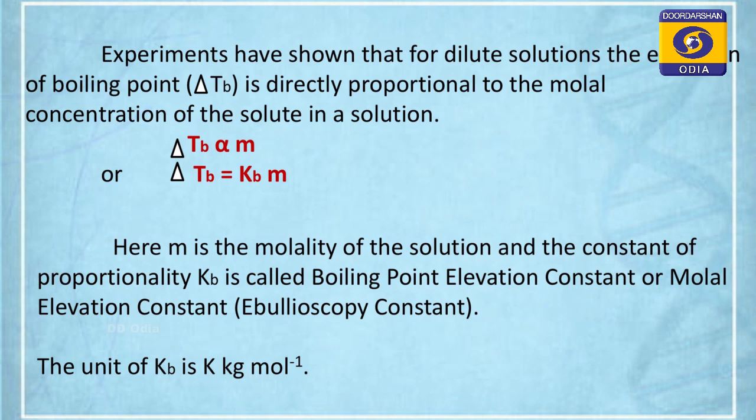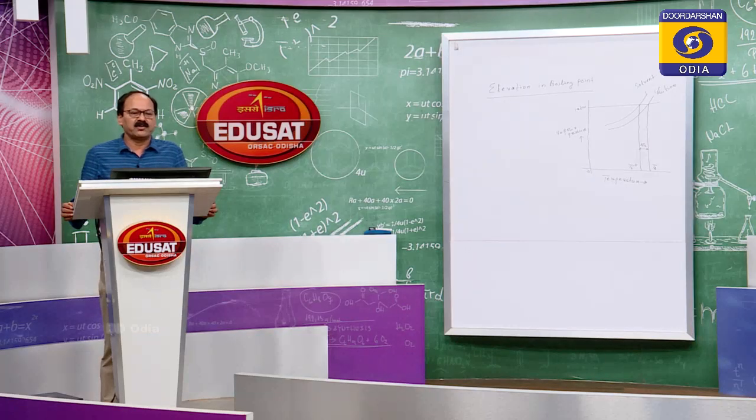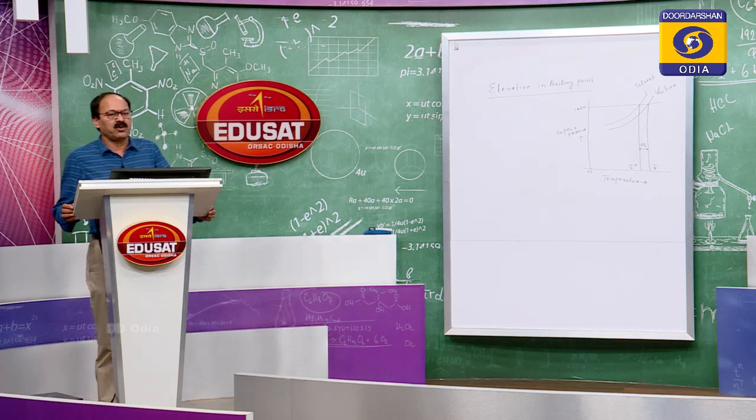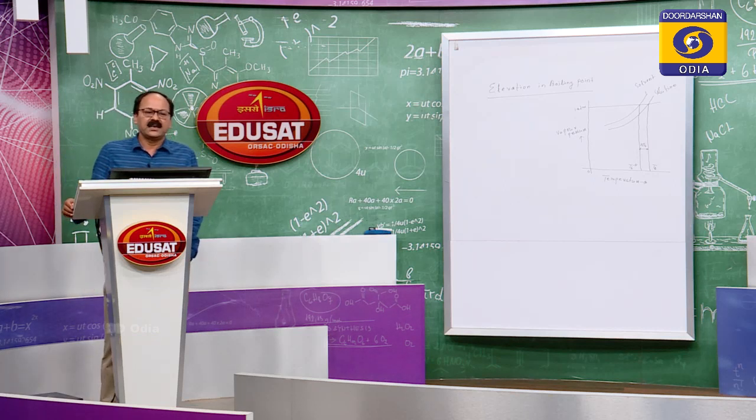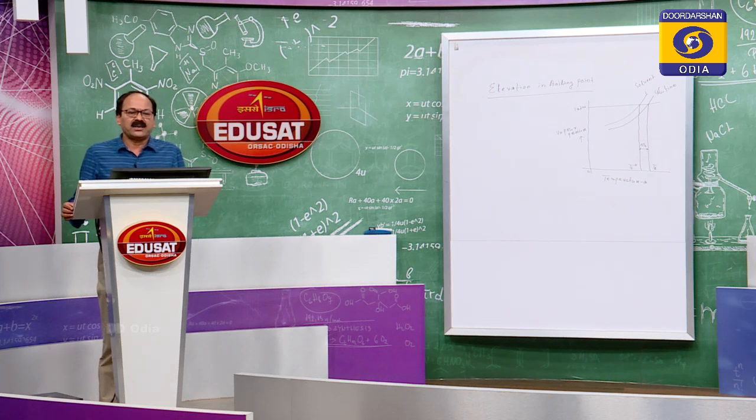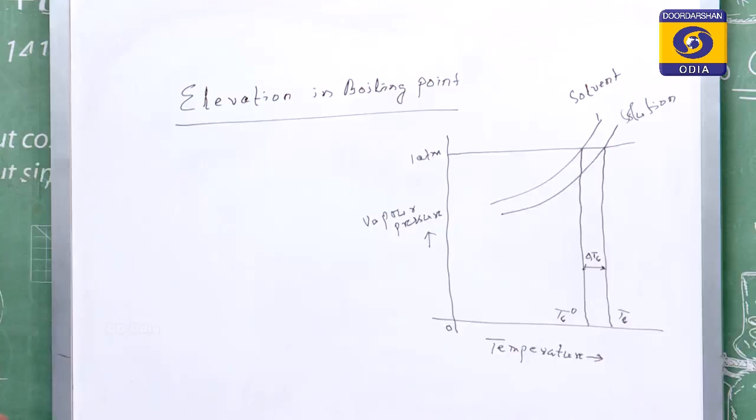Now, we will go to molecular mass calculation, and how it can be done from elevation of boiling point. Whenever a non-volatile solute is added, the vapor pressure decreases and the boiling point increases. The elevation in boiling point depends on the number of solute particles present, but not on the properties of the solute particles. Look at the diagram on the graph.